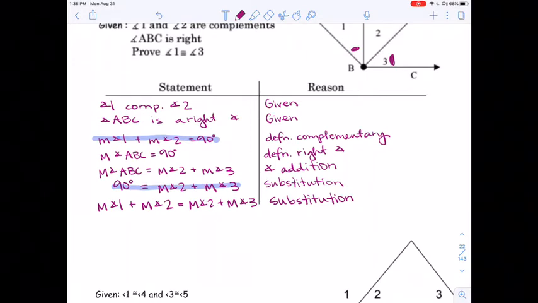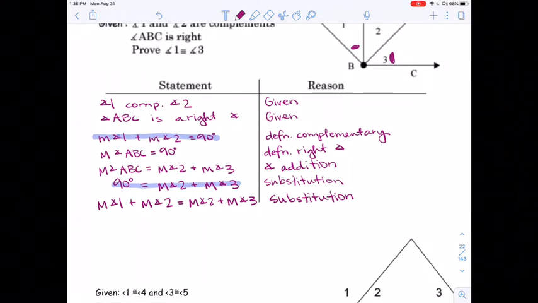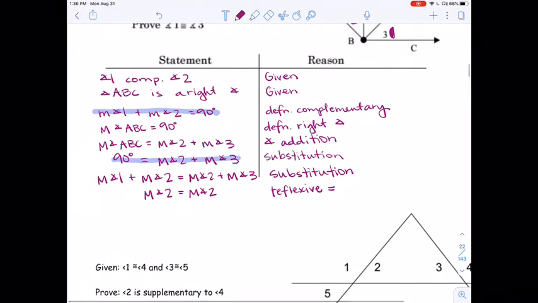And this is where we're going to use our reflexive property. I'm going to say, hey, the angle 2 in this one is the same as the angle 2 in the other one. So the measure of angle 2 is equal to itself. That is our reflexive property of equality. And now, if those two are the same, I can subtract them away.